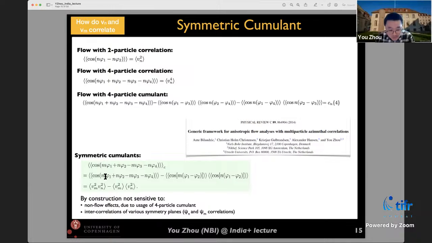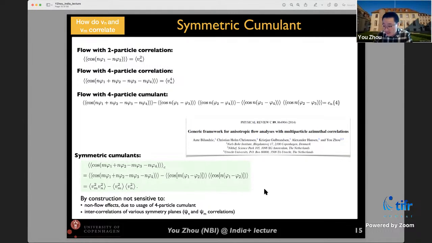And this is an example. You have n plus n minus m minus m, so it will be 0. And what we get in the end is something like Vn square times Vm square, take the average. Then you can subtract the correlation of Vn square, take the mean, times Vm square, take the mean. But why is it useful?